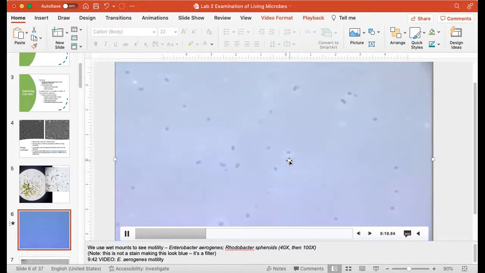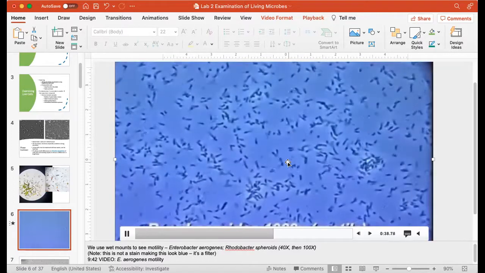Remember, if we're using the 100x lens, we have 1000x total magnification. You take the power of the objective lens and you multiply it by 10, because that's the magnifying power of the eyepieces.